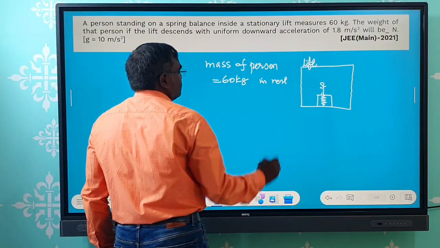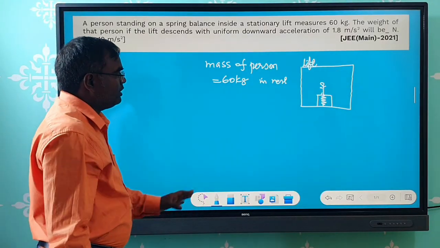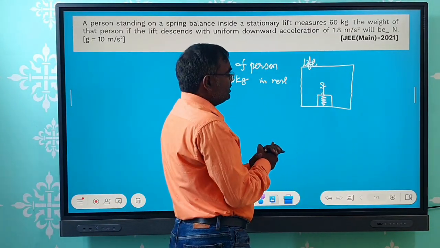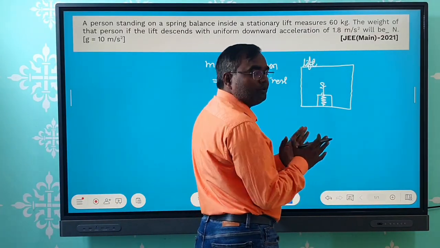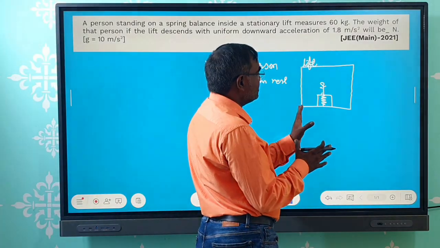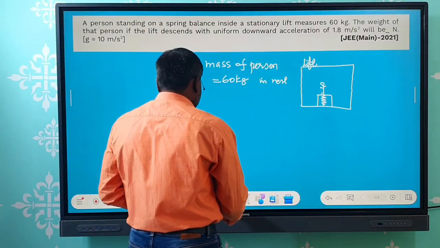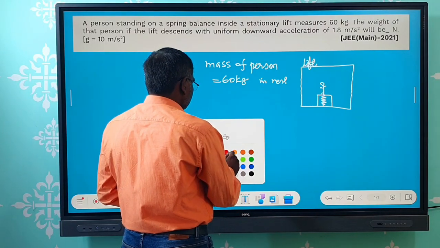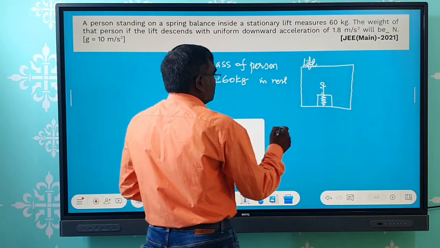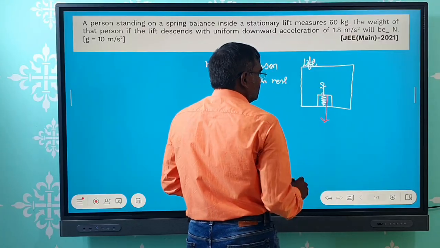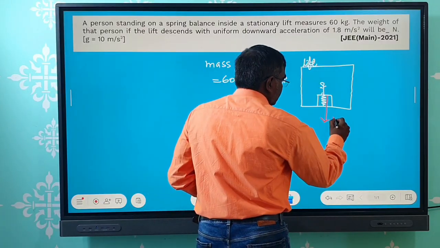So you can imagine here that when the lift is stationary, the only force acting on this system is the gravitational force, that is downward, and that is mg.